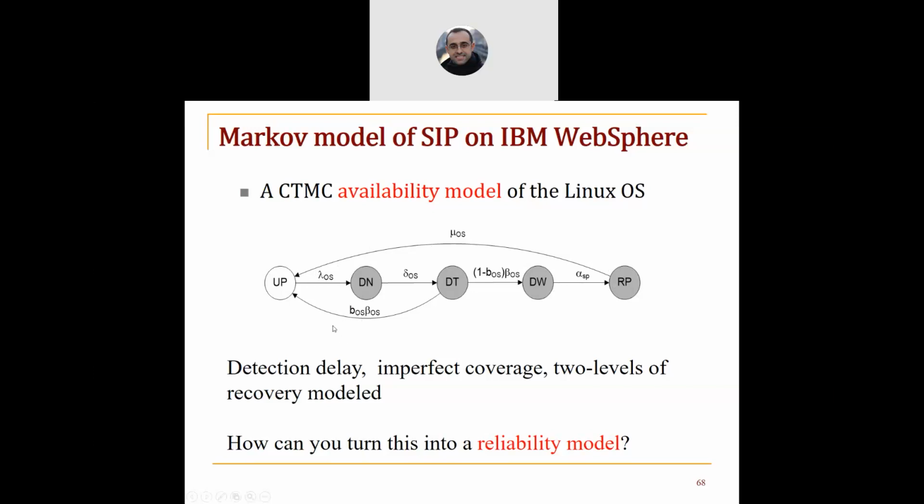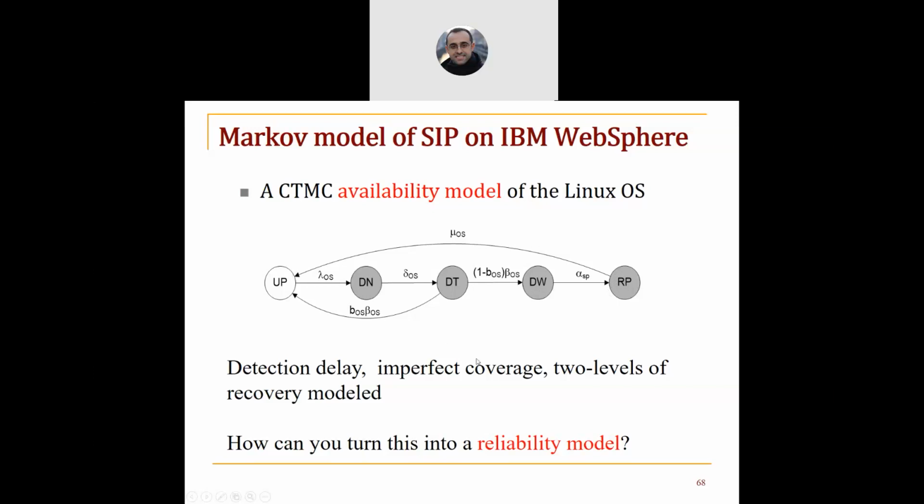So what we have here in this simple model is detection delay, imperfect coverage, that is, how reboot may be covered with probability B_OS and not covered with probability 1 minus B_OS. That is, for a failure that occurred, reboot might be able to cover with some probability and not cover with some other probability. There is travel time for the person who helps you repair and actual repair time.